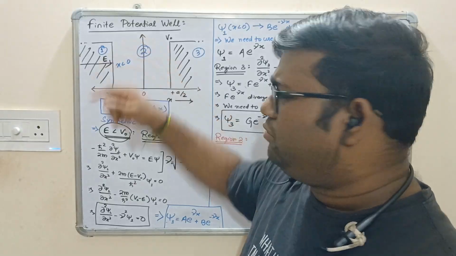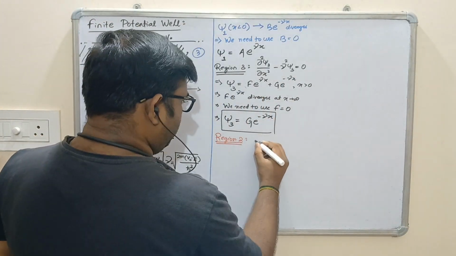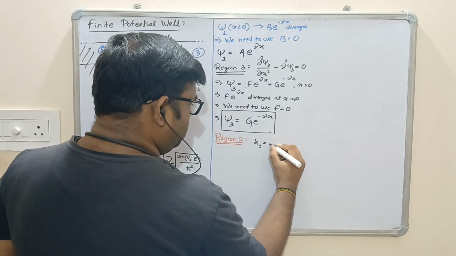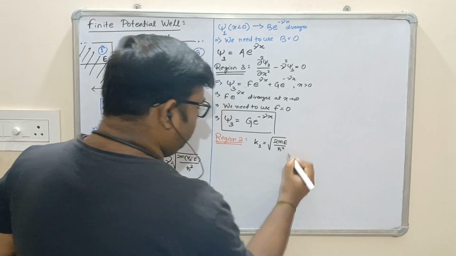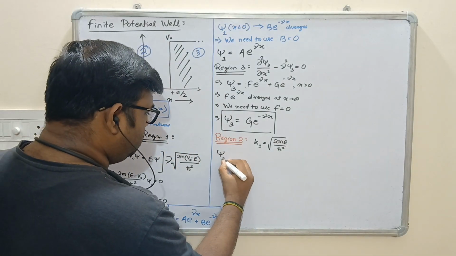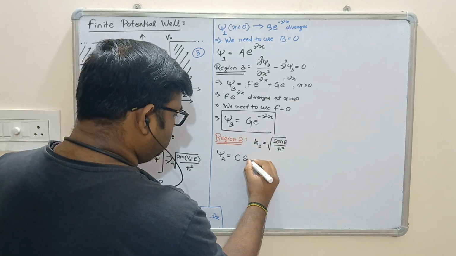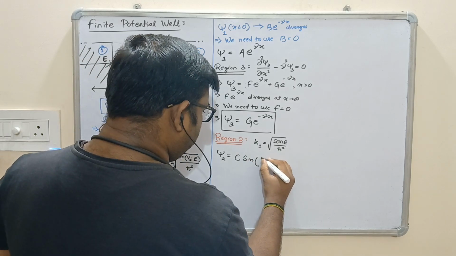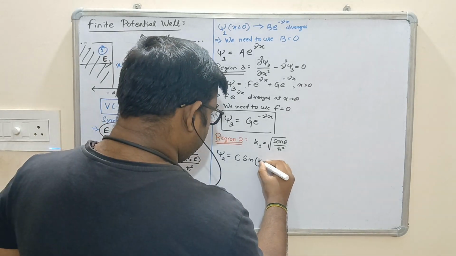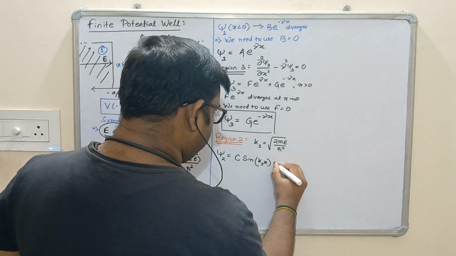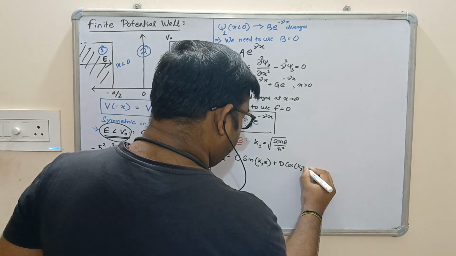Now in this region, the potential is 0, so our k1 is going to be root over 2 m E by h bar square, and psi 2 is basically c sine k1x plus d cos k1x.